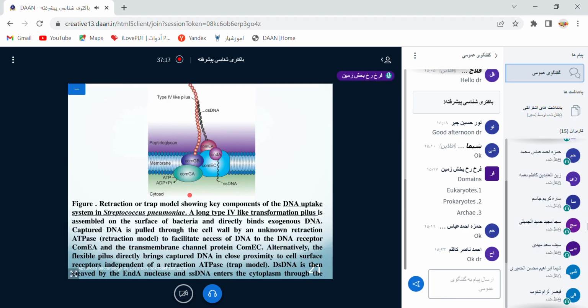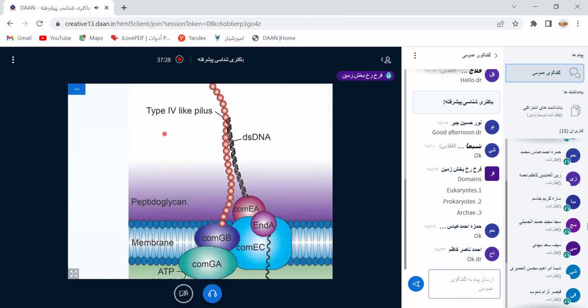Along with conjugation as well as motility, another thing is related to type 4 pilus. You can see some bacteria outside are destroyed and some small pieces of their DNA are present in the environment.